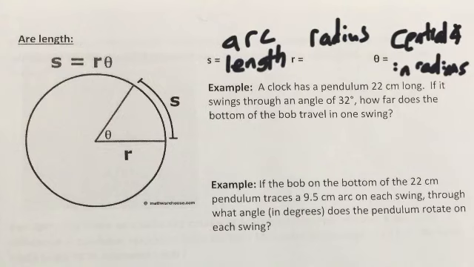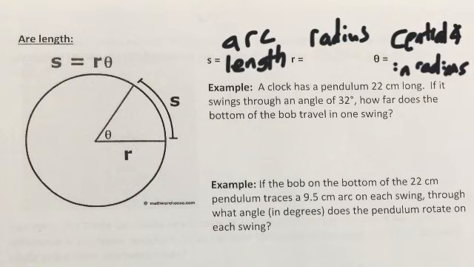So what this is, essentially, S, a part of the outside of the circle, is equal to the radius times theta. This is just an extension of the circumference formula. Think about what the circumference is. Circumference is a length along the outside that's equal to the radius times 2 pi, because 2 pi is all the way around.